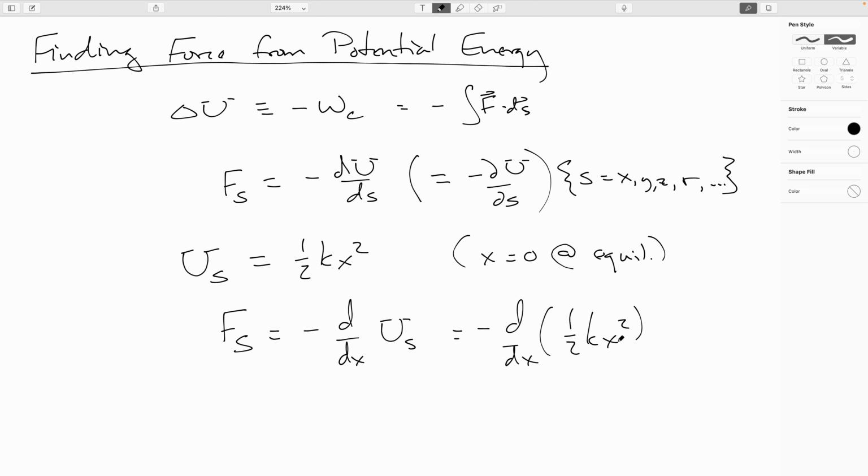Well, k is a constant, half's a constant, derivative of x squared is 2x. So 2x times a half is 1. We got that minus sign up front. So sure enough, we discovered that our force of a spring, I should probably write SP here, is equal to minus kx, which we already knew.